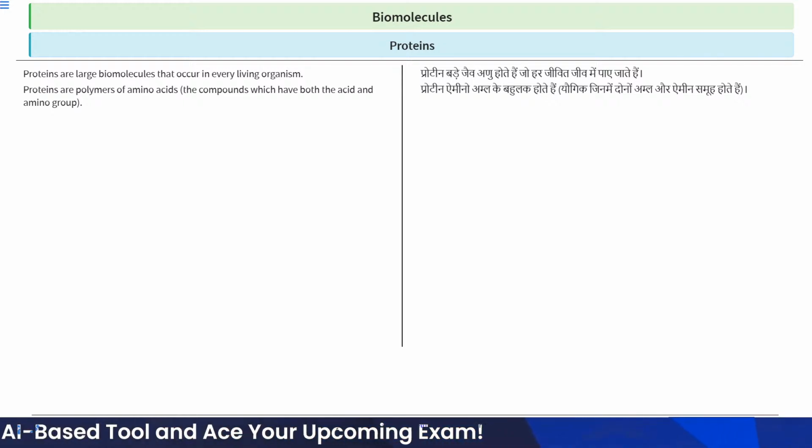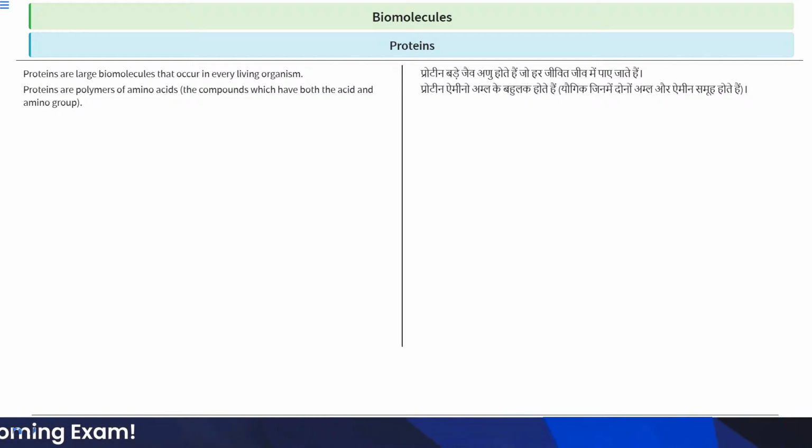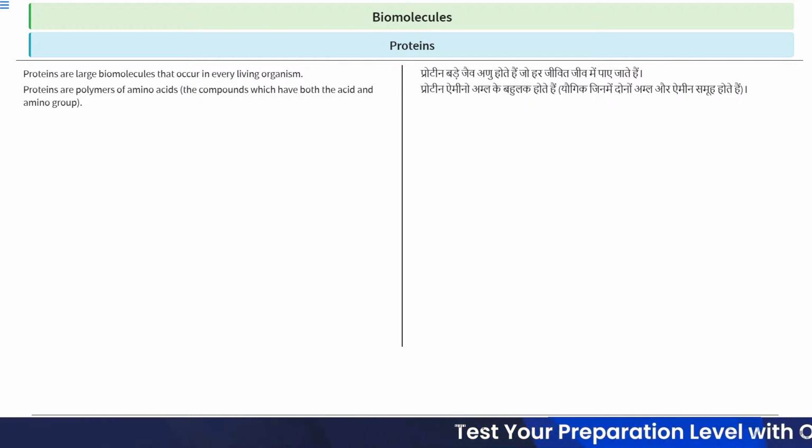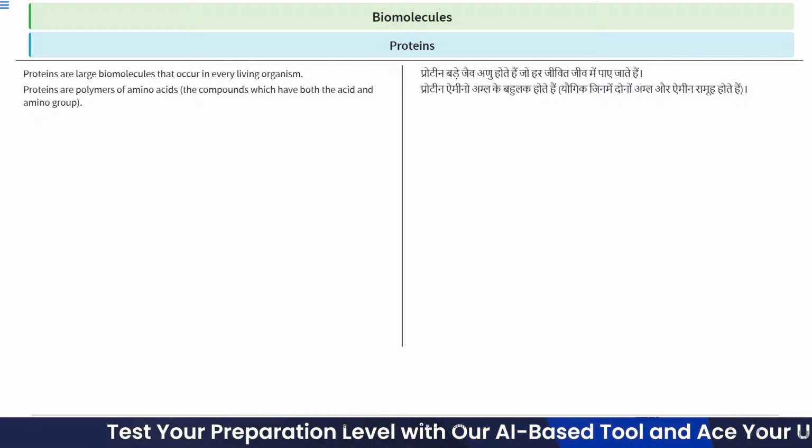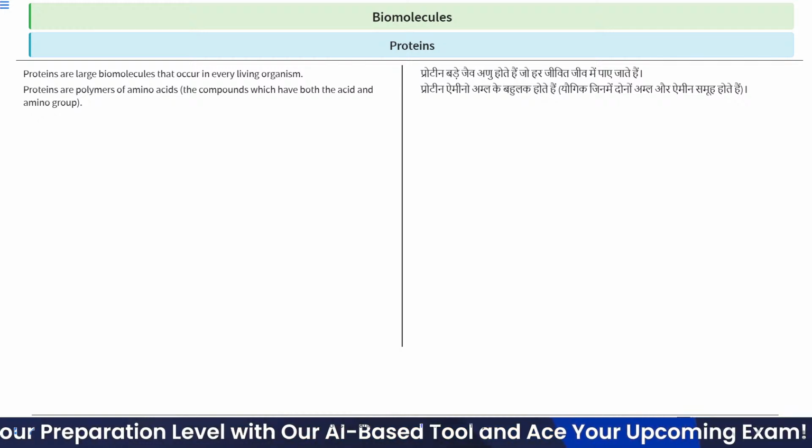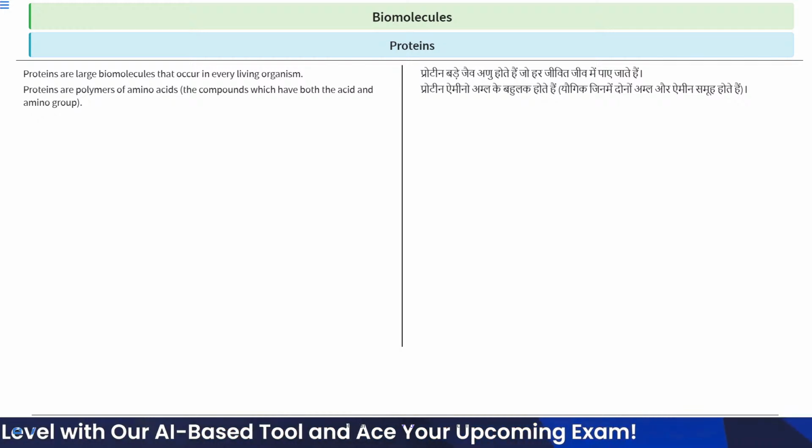Amino acids are compounds which have both an acid and an amino group, as the name says.